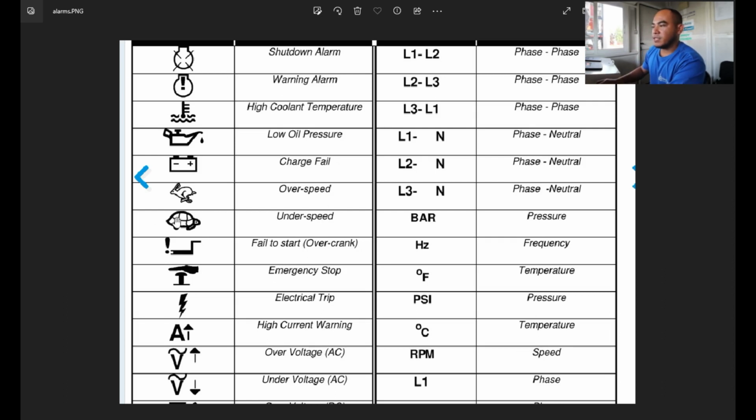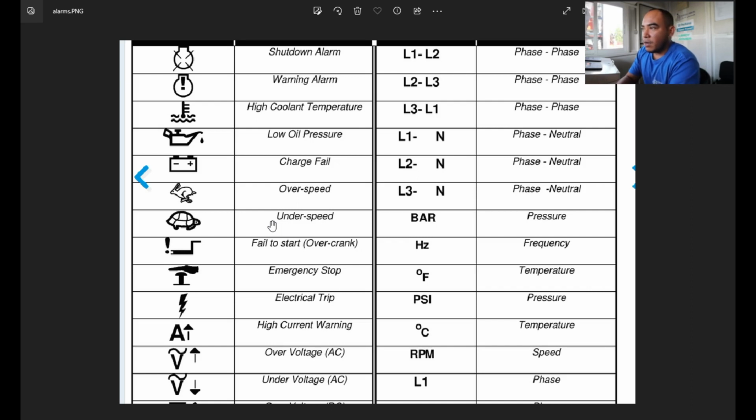This one is underspeed. What are the causes of underspeed? Sometimes overload, sometimes less fuel, sometimes a dirty filter. There are a lot of scenarios where we cannot easily identify what is going on with our generator.